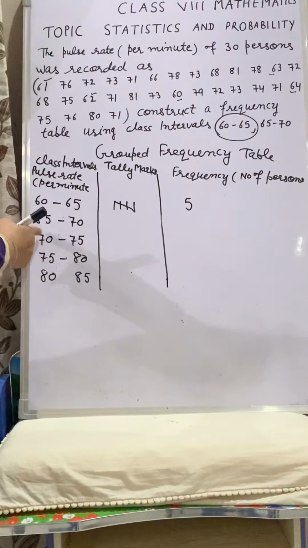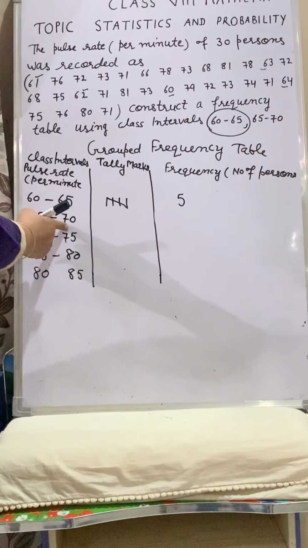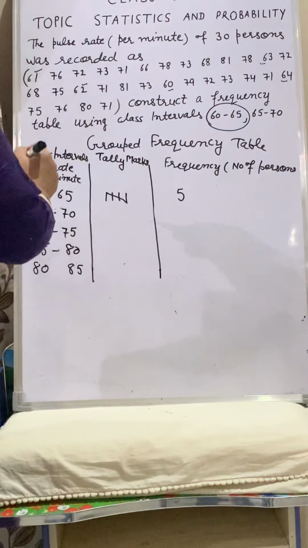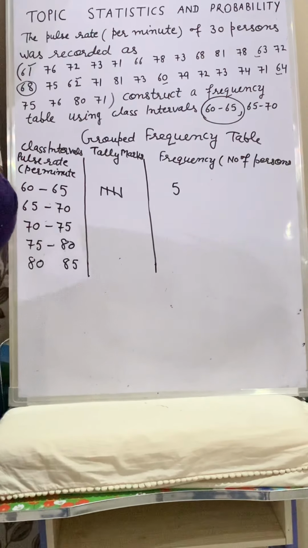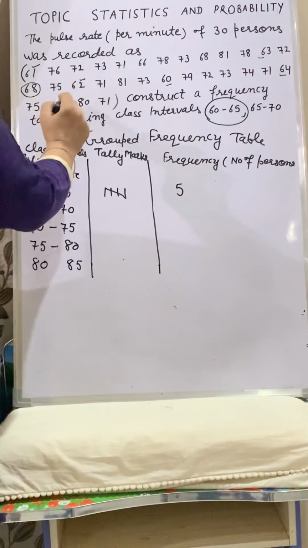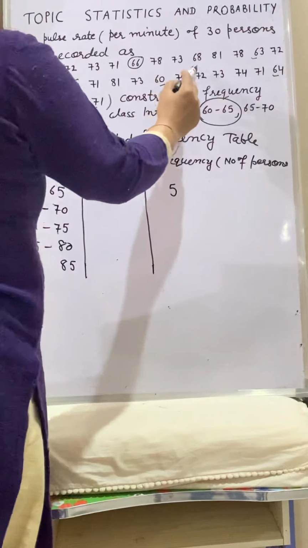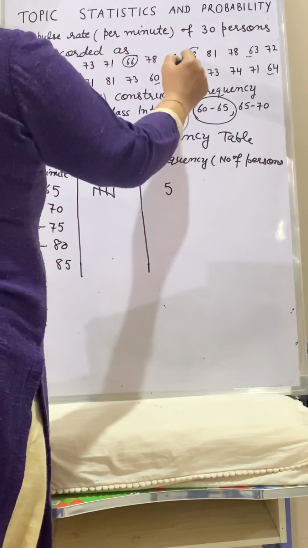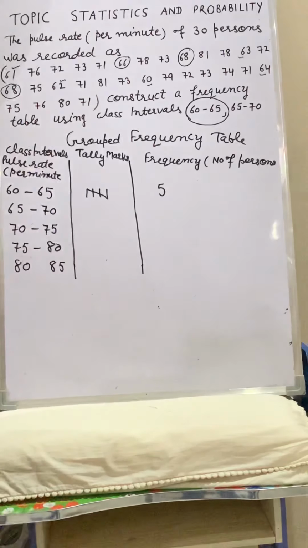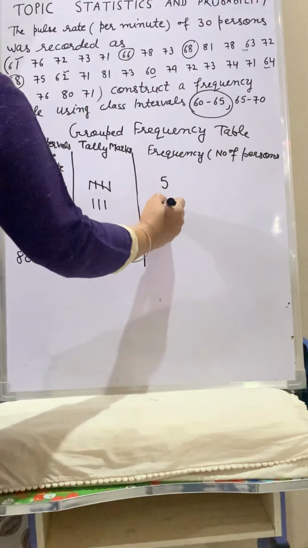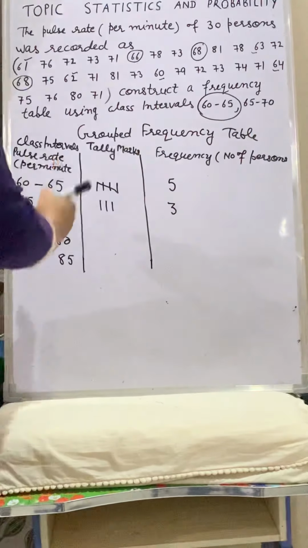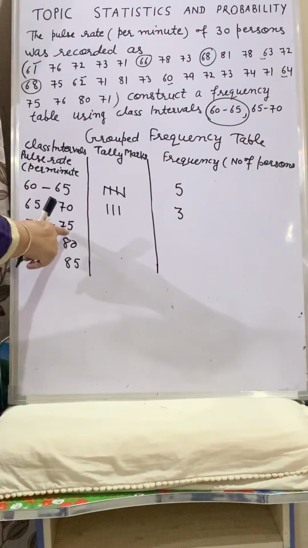65 to 69: first, second and third. Now you write tally marks 3. In this way you count 70 to 74.